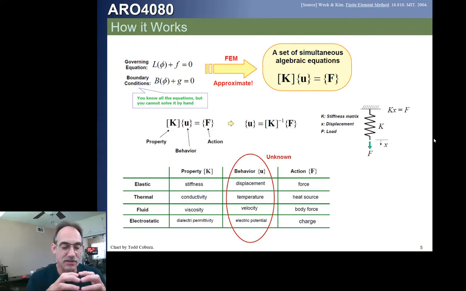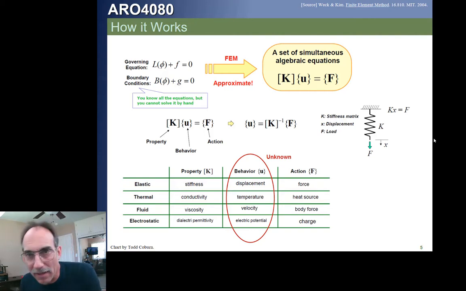Once this software creates this large stiffness matrix, which means it's figured out a stiffness matrix for each and every element, and then assembled those stiffness matrices into a large matrix, then it's going to look at the applied loads and constraints and then solve that system of equations using fancy numerical methods that you will learn a little bit about when you take your numerical methods class.